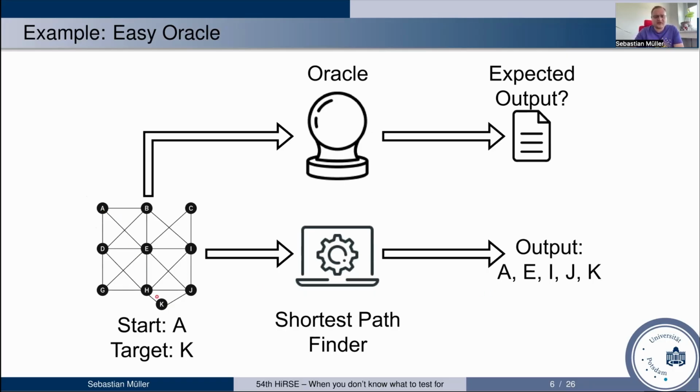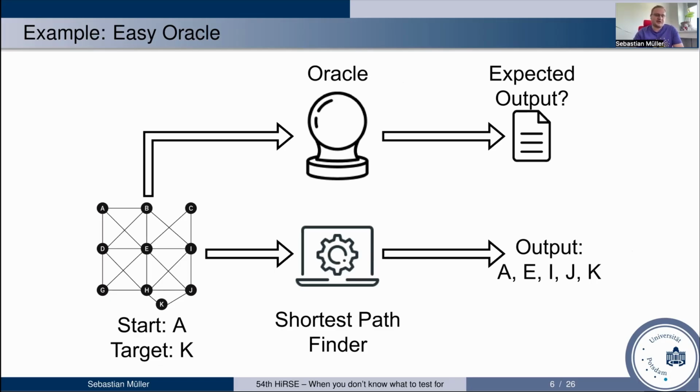But if we look at our network and assuming that all of the lengths of these edges are the same, we can easily find multiple ways of just having 4 nodes. So us as humans can easily come up with this expected output. Us as humans are in fact the oracle, and we can immediately see, hey, this output that we have generated here is somehow wrong. Something must be wrong in our program of the shortest path finder.